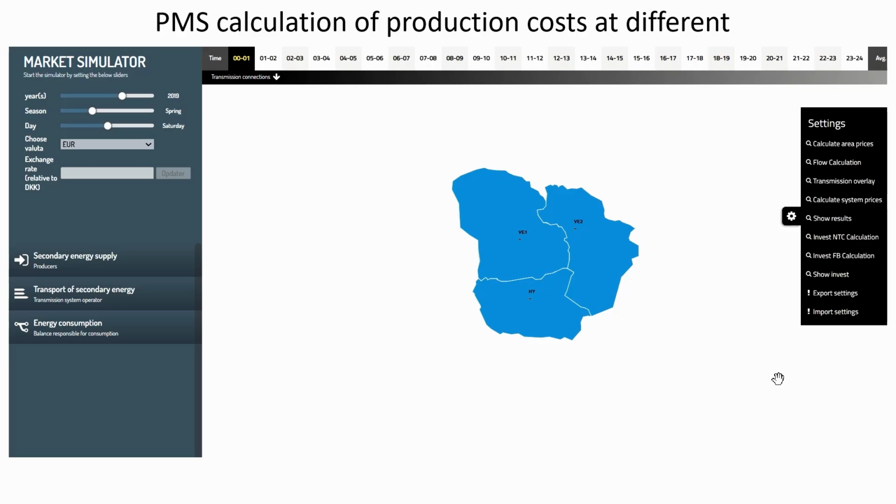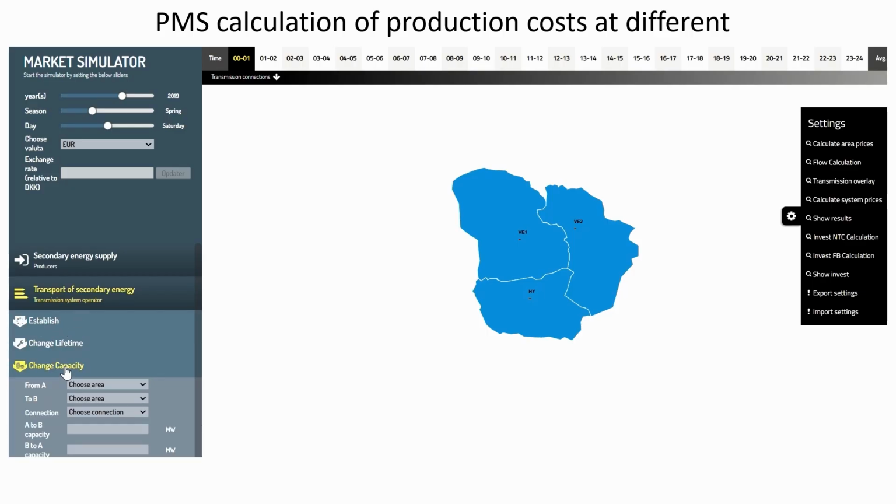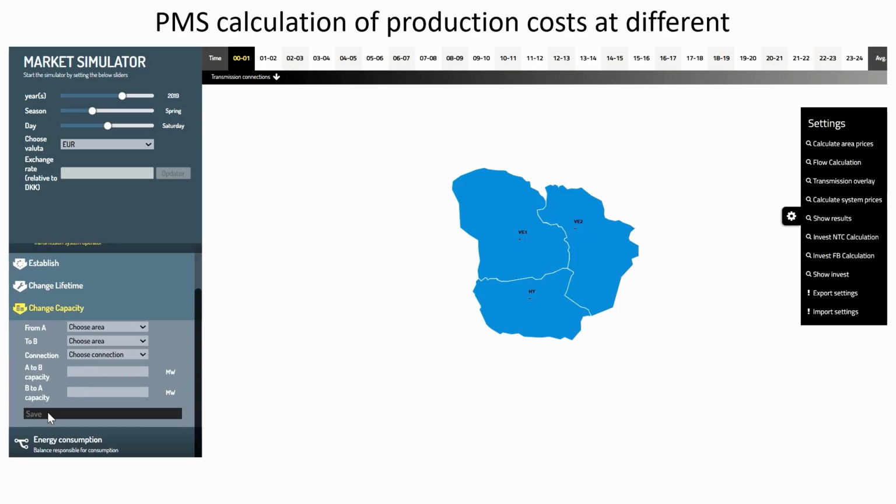Now I'm inside the education version of the power market simulator. And what I'm going to do now is change the capacities of the different lines here. The line between V1 and V2 should be, as my first guess, 1800 megawatts here. And I save this.